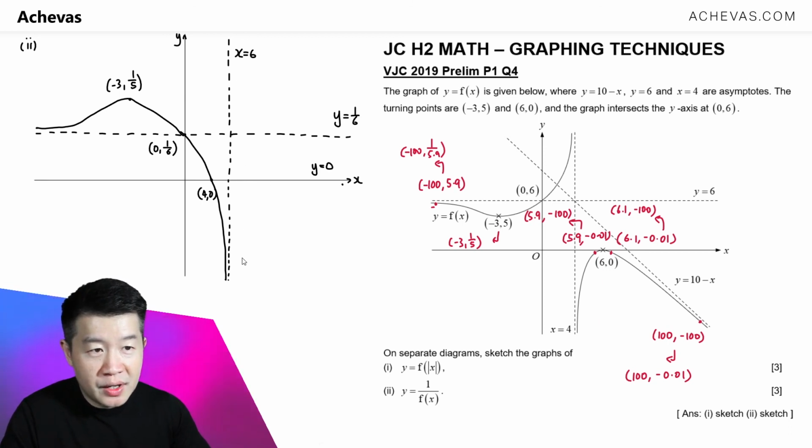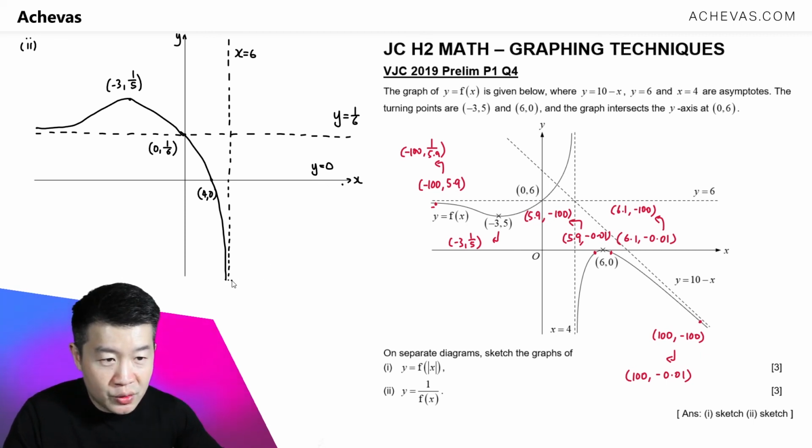So 6.1 and negative 100 is going to be somewhere here. And this point is going to be joined towards this point. And this is going to be exhibiting the behavior of a horizontal asymptote y is equal to 0. So to complete my graph, it's going to look something like this. Okay, and it should tend towards the horizontal asymptote y is equal to 0.